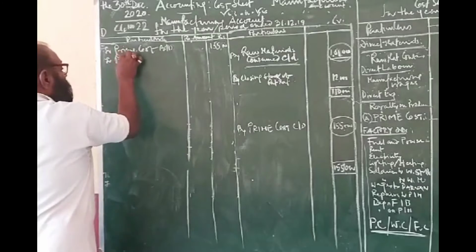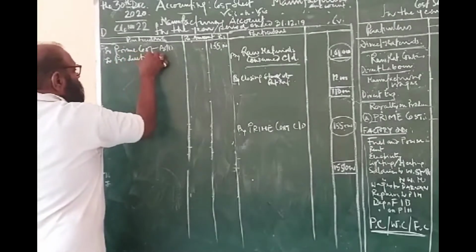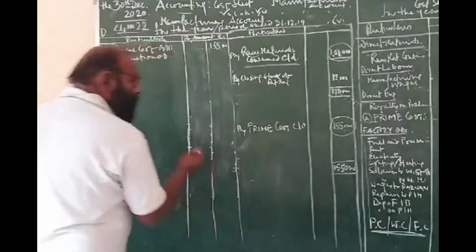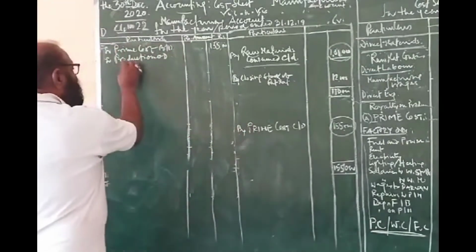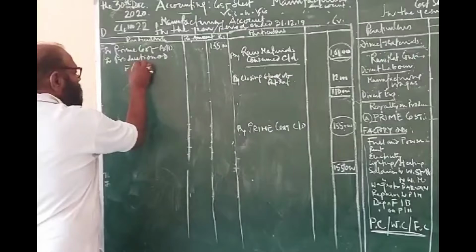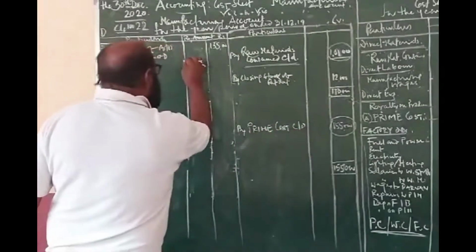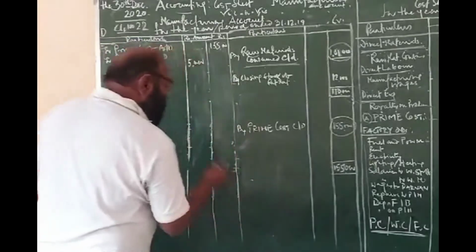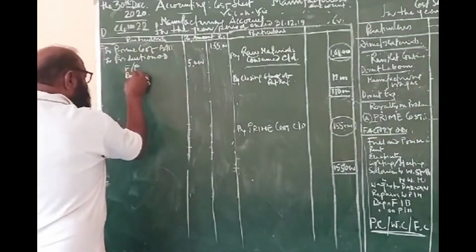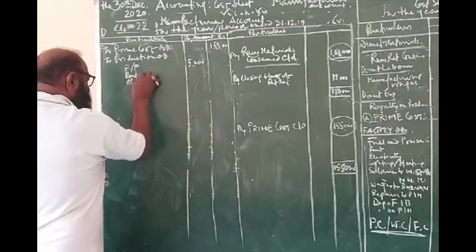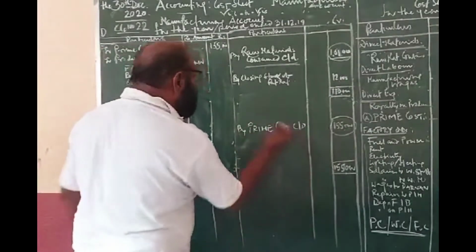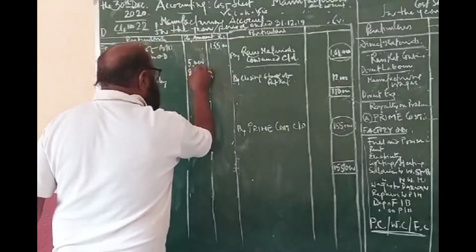Then production overhead. Try to understand it properly, friends. Okay. Fuel and power. Fuel and power 5,000. Rates 8,000.